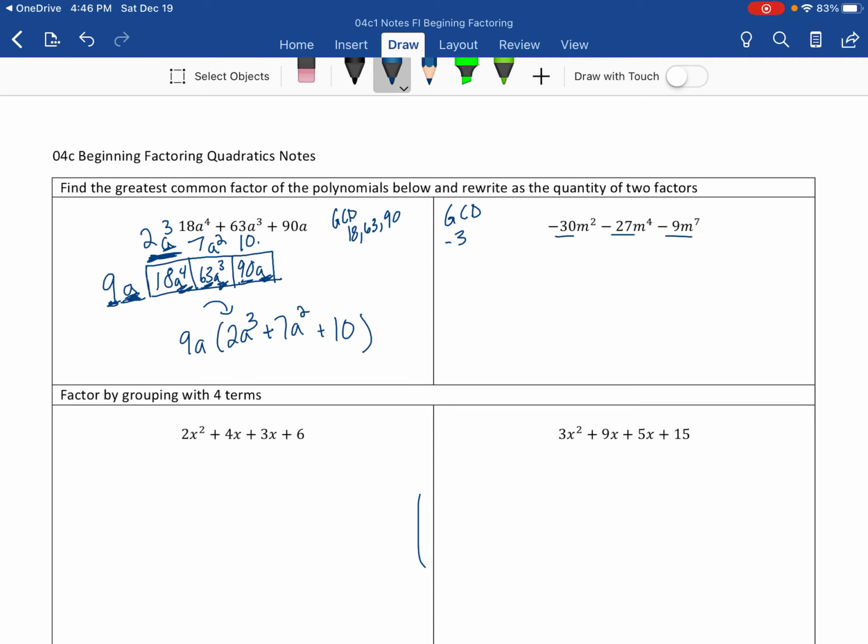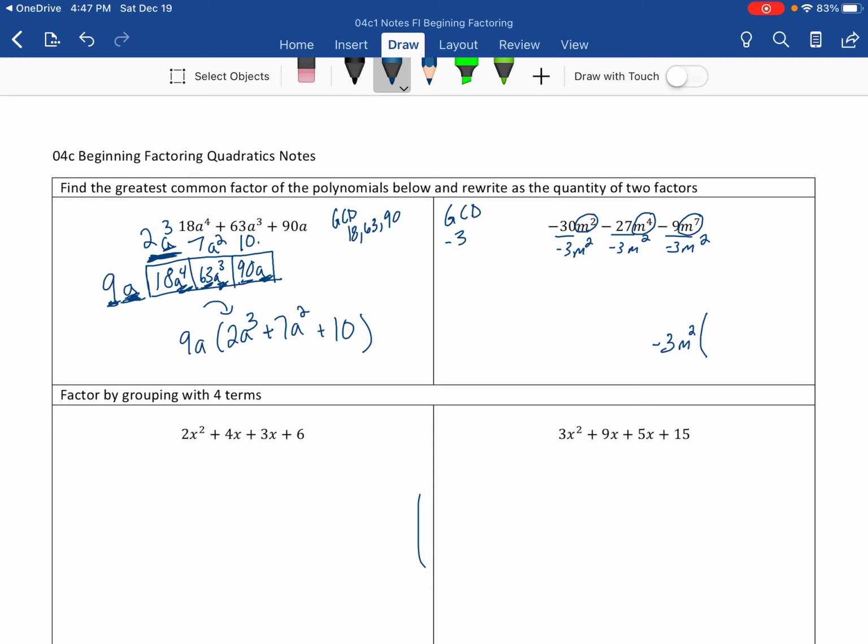But they're all negative, so I'm actually going to divide out each of these by a negative 3. And I also look at what else they have in common. This has 2 M's, this has 4 M's, and this is 7 M's. So the most number of M's they have in common is M squared. So I'm going to take out an M squared. So this is another way of doing it that's not the box method.